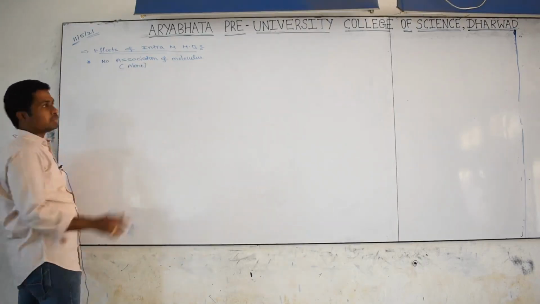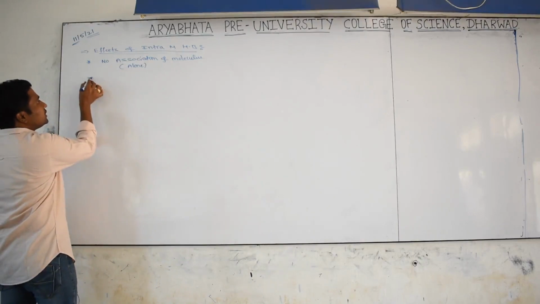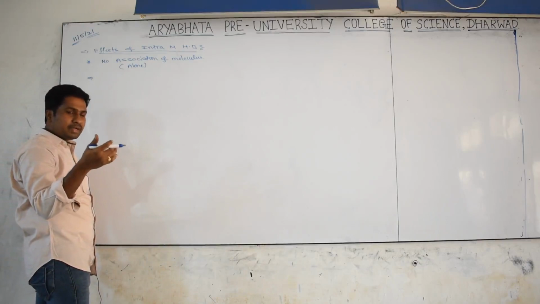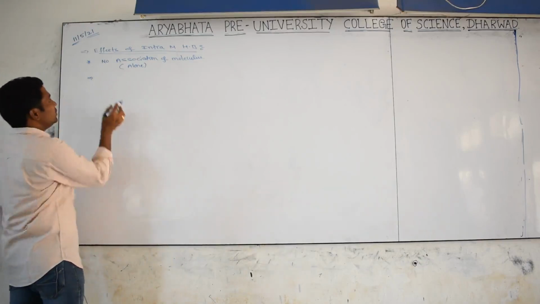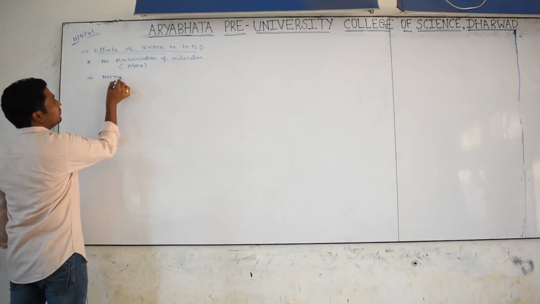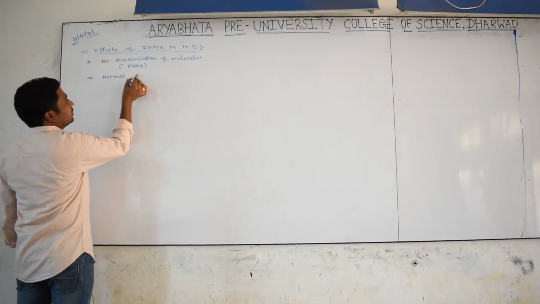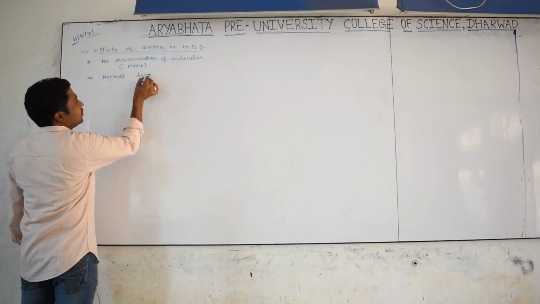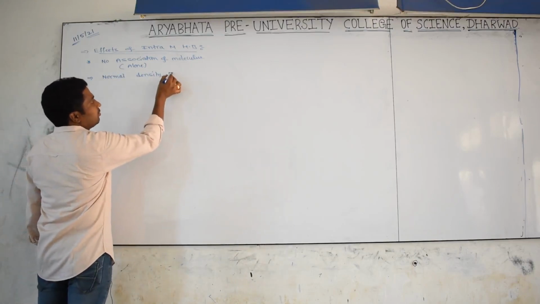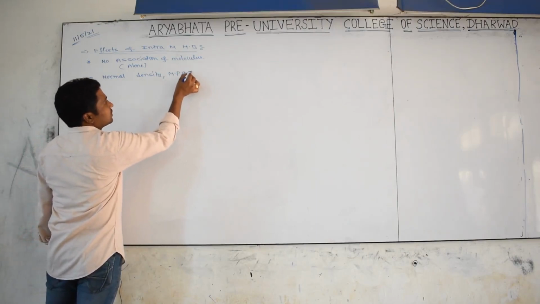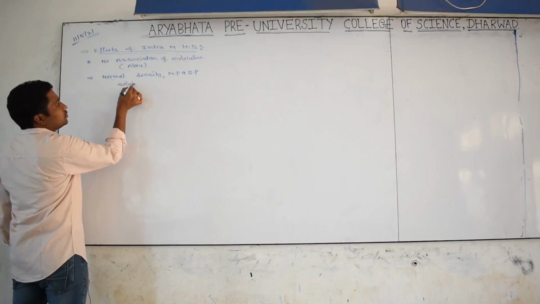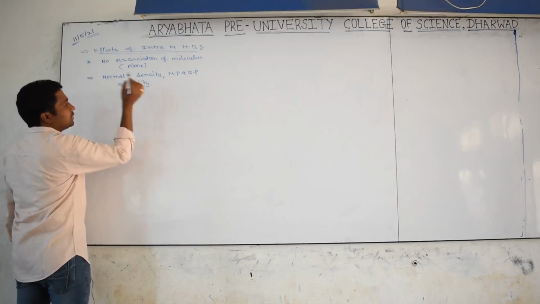Because of this, is there any change or improvement in density and solubility? No. We get normal density, no improvement in density, and likewise normal melting point, boiling point, and solubility.